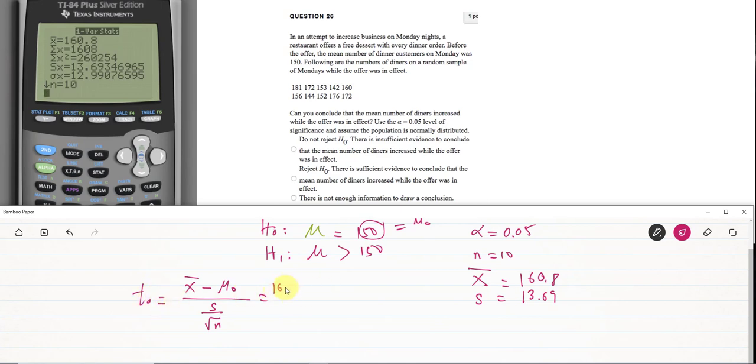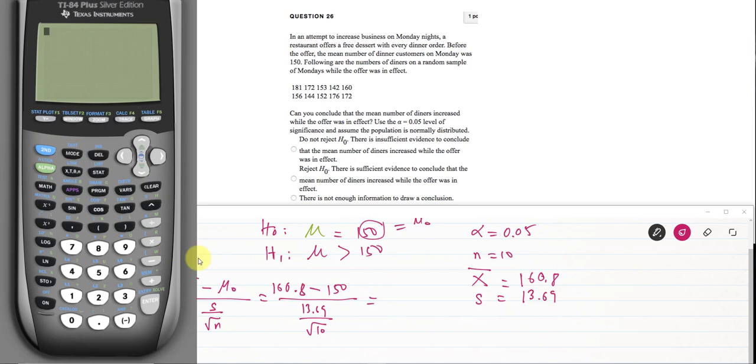Now you have everything, so you can find the statistic. 160.8 minus mu naught, which is 150, over s, which is 13.69, over the square root of n, which is 10 in this case. Let me get the value at the bottom first, 13.69 divided by the square root of n.